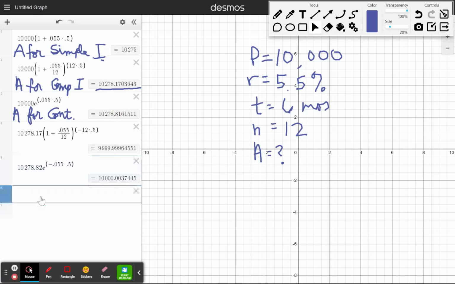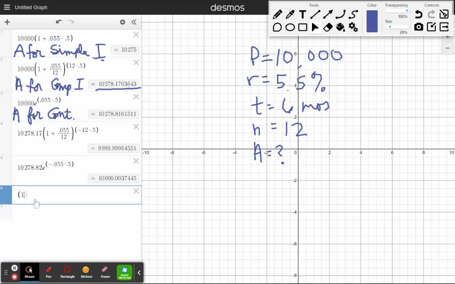But now we're ready for problem 6 and 7, the effective rate of interest. Okay, so we have our APR of 5.5%, but the question is, if you took compounding into account, what would be the effective rate of interest as if it were simple interest? So we are going to use our effective rate of interest formula here.